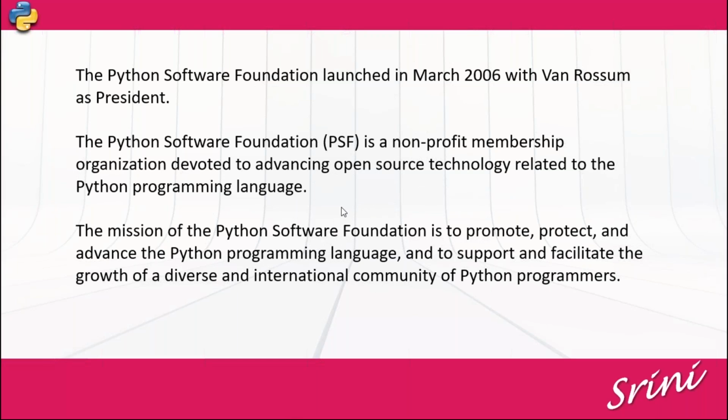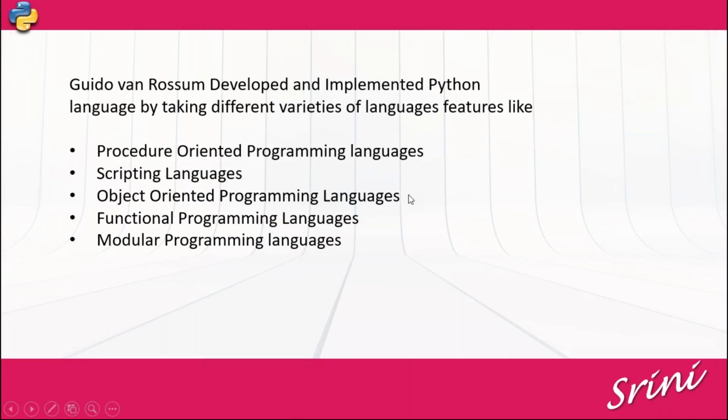So once the Python Software Foundation came into existence, we had somebody to support us. After 2006, Python got all the facilities of a proprietary licensed software. All the facilities that come with proprietary licensed software are given by Python. From then onwards, the software industry started using Python because support is also there. Then Python became really popular.